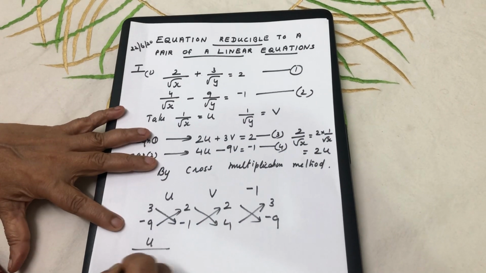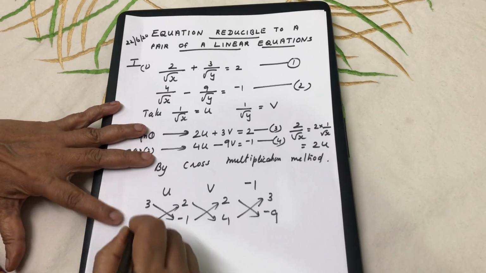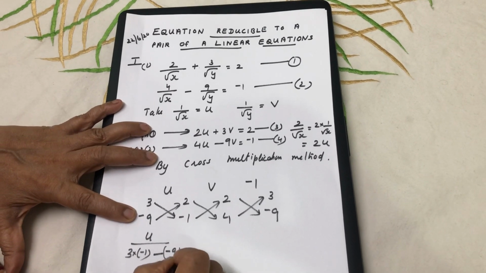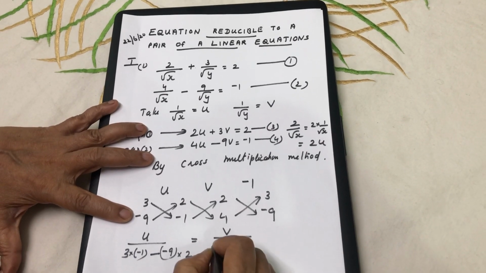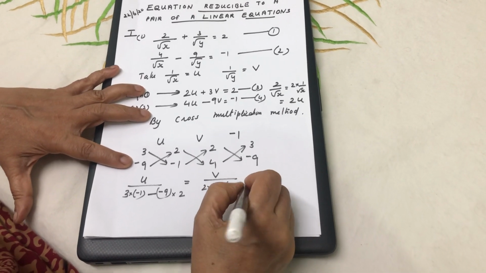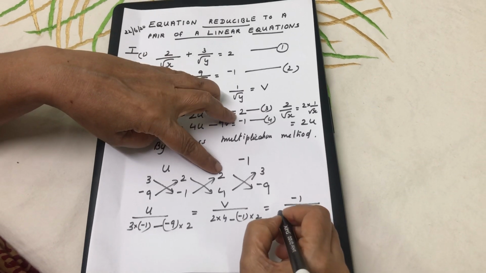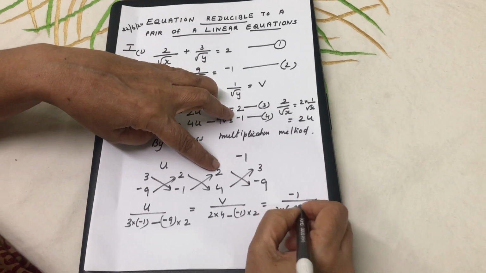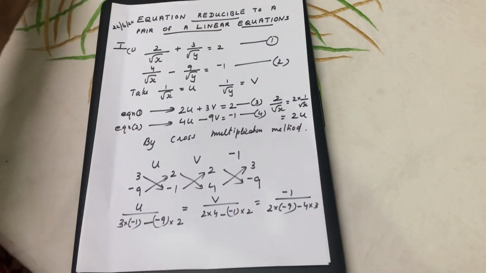u by 3 into minus 1 minus minus 9 into 2, equal to v by 2 into 4 minus minus 1 into 2, equal to minus 1 by 2 into minus 9 minus 4 into 3.